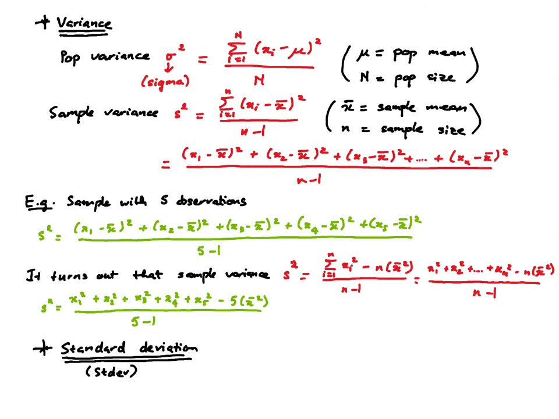So what is a standard deviation? The standard deviation is just the positive square root of the variance.